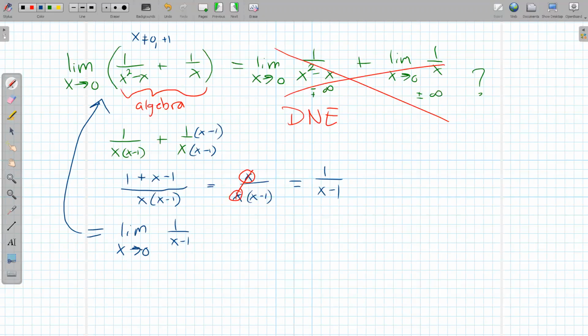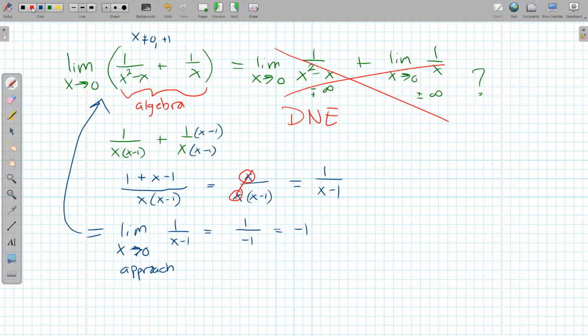And you might say, uh-oh, we're going to 0, but remember, a limit is approach, not get there. So we're still okay. These two things are equal for all numbers except 0 and 1, and that's all right. And we can apply a limit law here that says take the limit of the numerator, which is 1, take the limit of the denominator, which is -1, and so it looks like the result is -1.